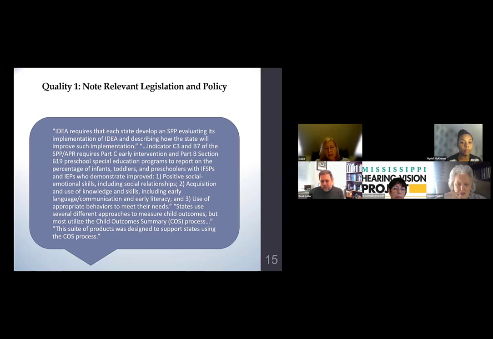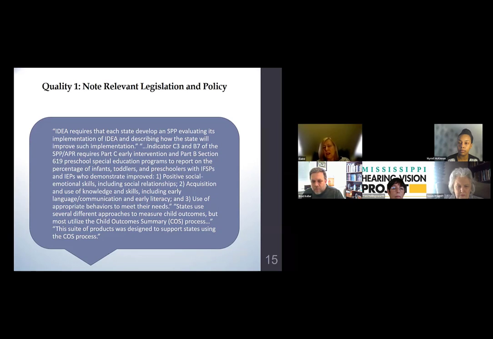IDEA requires that each state develop an SPP evaluating its implementation of IDEA and describing how the state will improve that implementation. So first they start with the legislation, IDEA. Then they talk specifically about indicators C3 and B7 of the SPP APR and what the requirements are for those indicators.